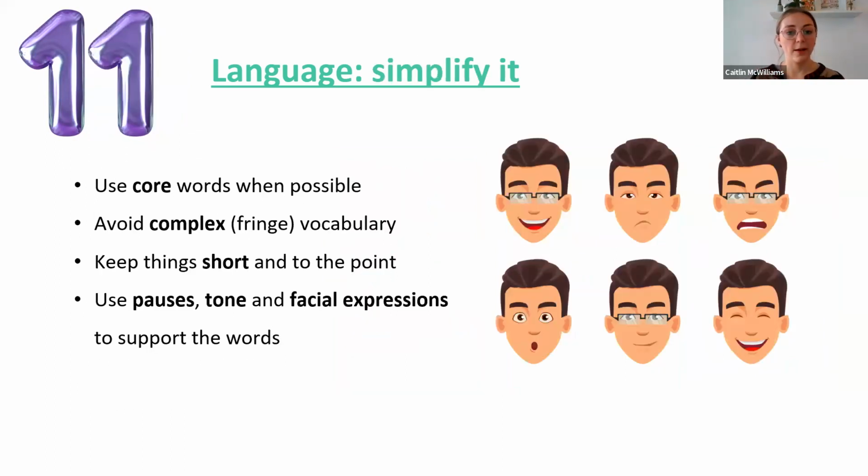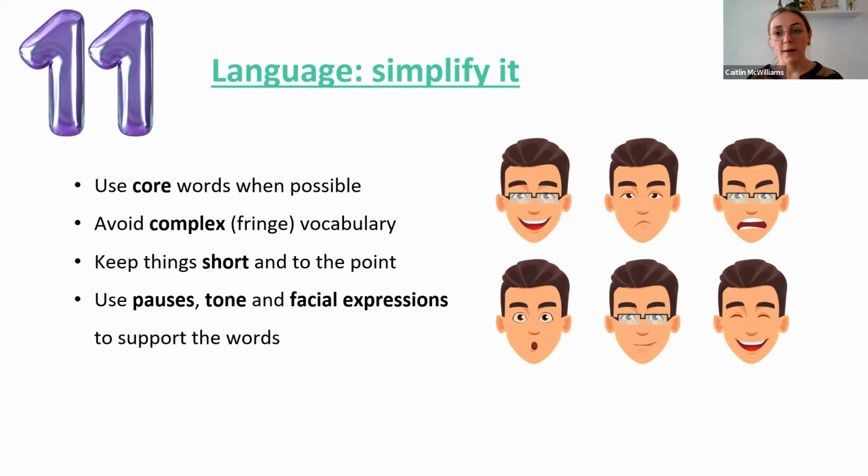Okay, so number 11, simplify your language. What I'm talking about here is the difference between core words and fringe words. Core words are most of the words that we use to make up most of our sentences and our instructions. There are different figures, but it's about 80% of our words.